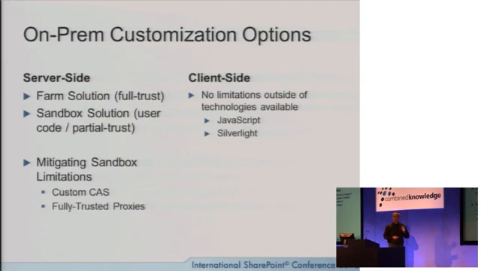The other way that they block stuff is using a custom code access security policy file. And that policy is what's saying any code that runs in the Sandbox gets these permissions, or in other words, can do these things. There are two things that are missing from that CAS policy: Web permission, which allows me to make calls to web services, or really makes external web calls, and SQL permission to connect to databases.